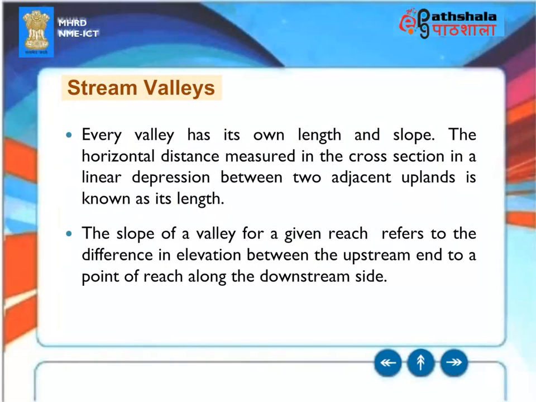Every valley has its own length and slope. The horizontal distance measured in the cross-section in a linear depression between two adjacent uplands is known as its length. The slope of a valley for a given reach refers to the difference in elevation between the upstream end to a point of reach along the downstream side.